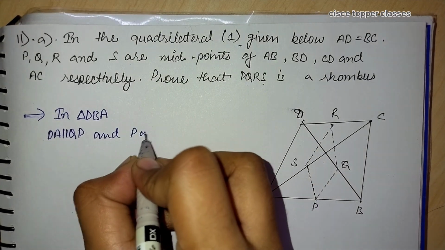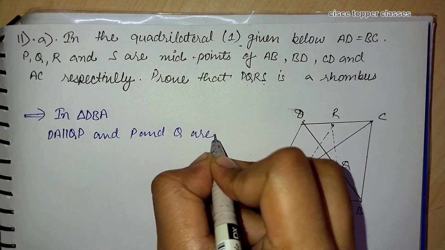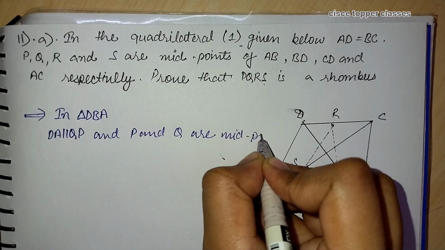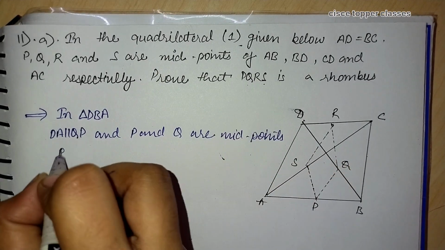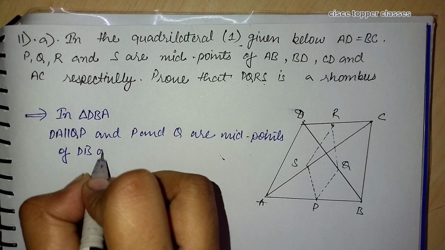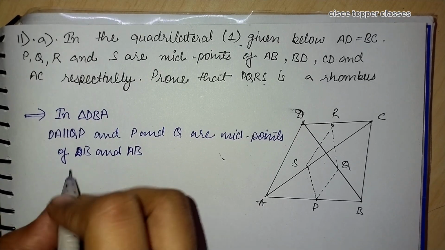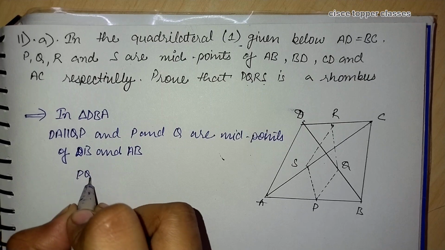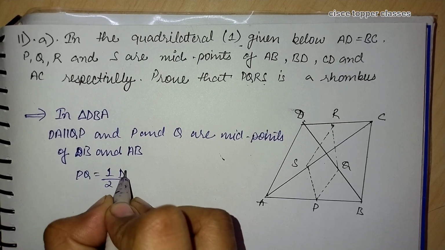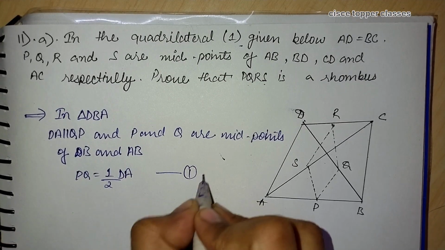So simply, as P and Q are midpoints of sides DB and AB, we can write PQ is equal to half of DA from here. So put it as the first equation.